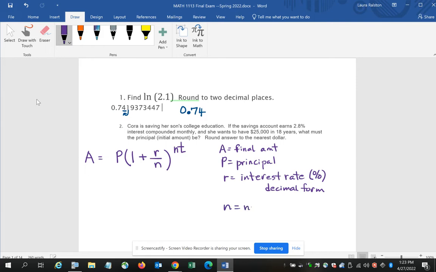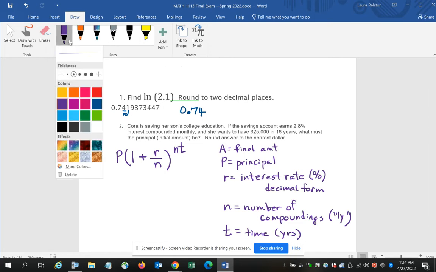N is the number of compoundings. How many times do we calculate the interest? Typically, that's going to be a word that ends in "ly," like monthly, daily, weekly, quarterly, and then T is the time, usually expressed in years.